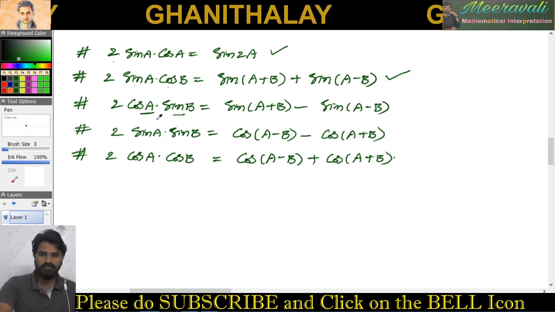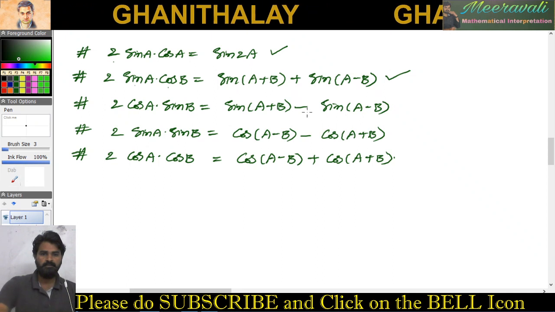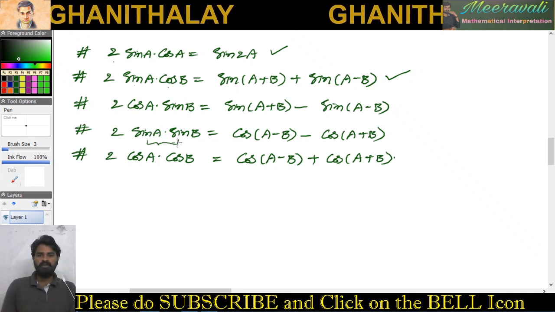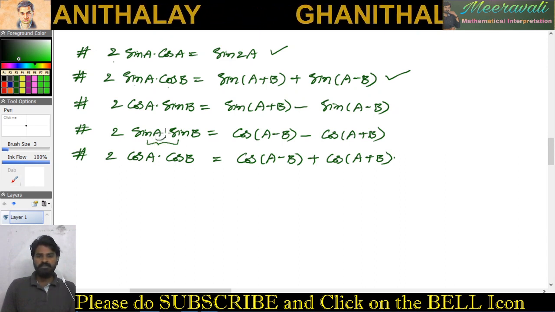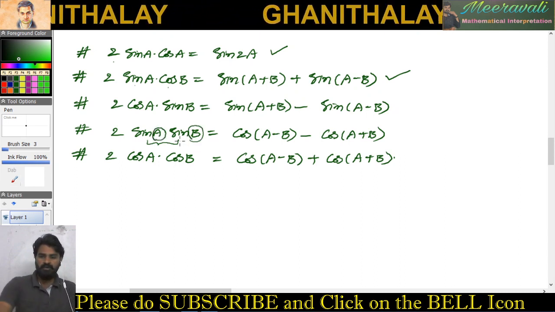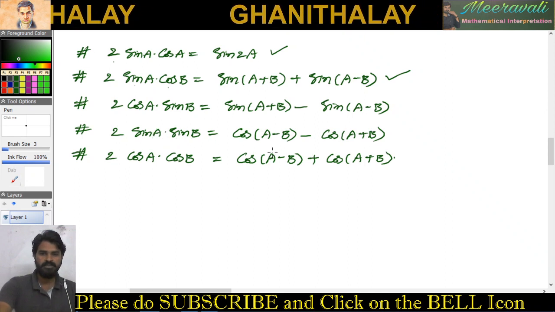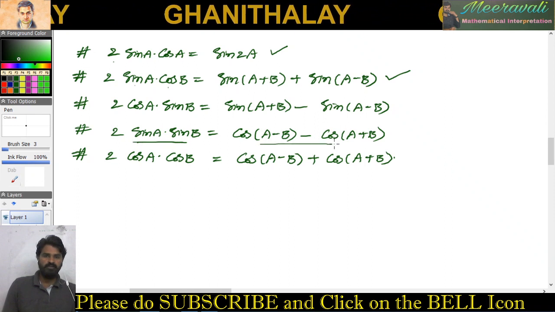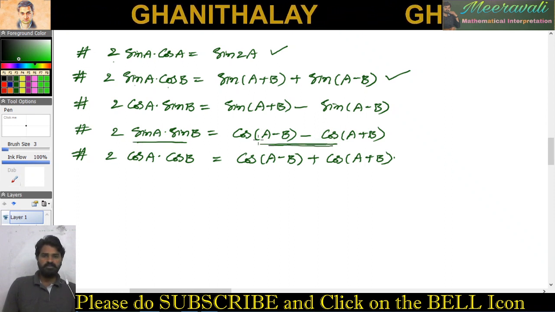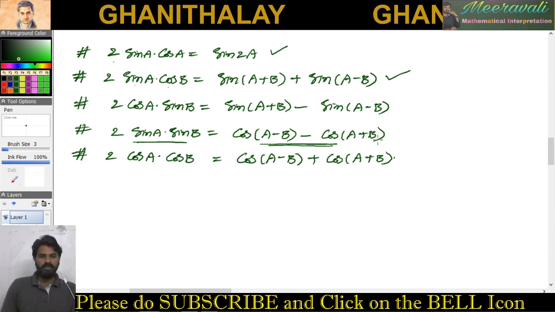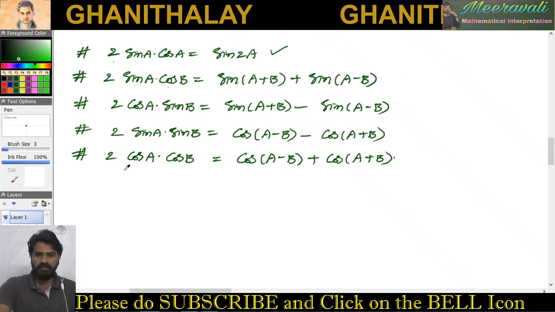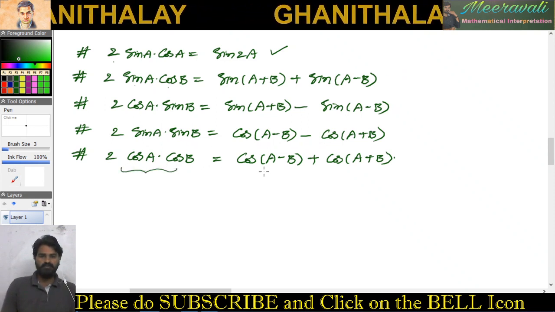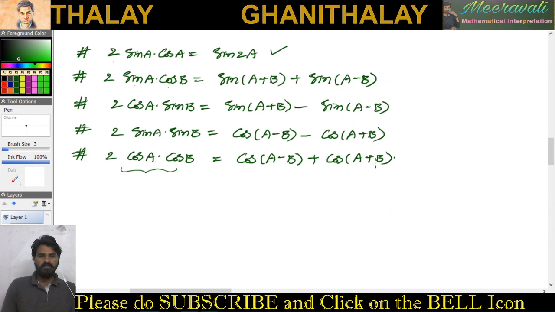Now you can use sine of A plus B minus sine of A minus B. When both functions are sine with different angles, the formula is obtained in terms of cos: cos of A minus B minus cos of A plus B. Next formula, 2 cos A into cos B, has the formula cos of A minus B plus cos of A plus B.